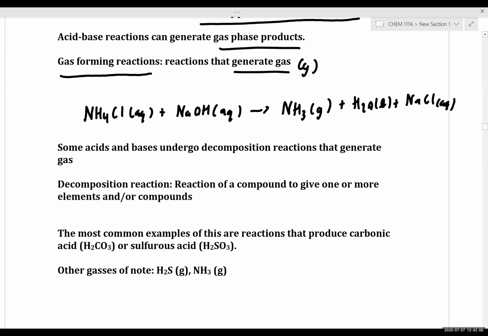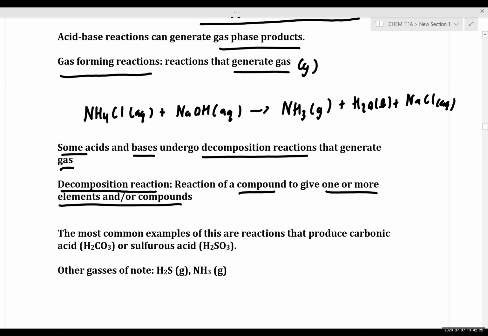Other types of reactions that are interlinked with acid-base reactions are known as decomposition reactions. So some acids and bases undergo decomposition that generates gas. We've actually seen an example of this already when we looked at the molar volume of carbon dioxide. So in a decomposition reaction, a compound will react to give one or more elements or compounds.